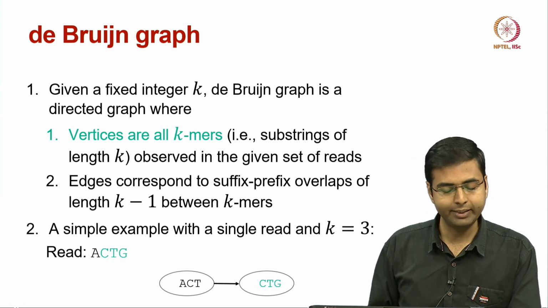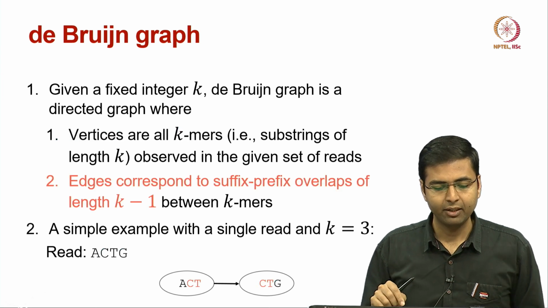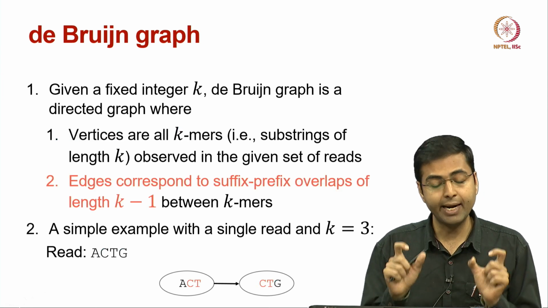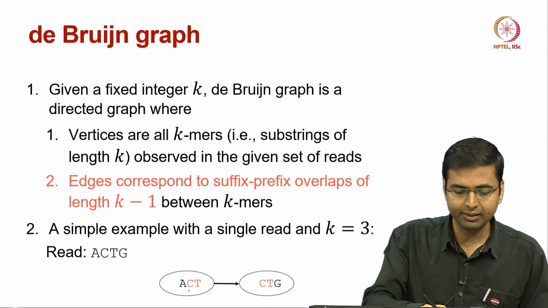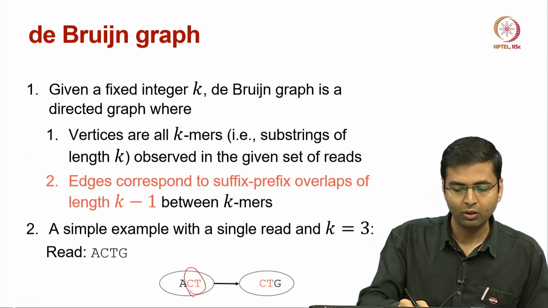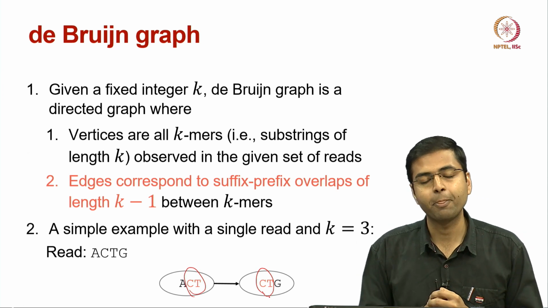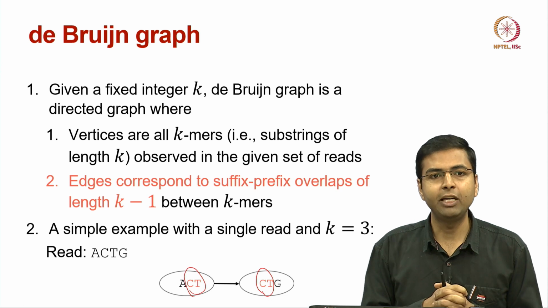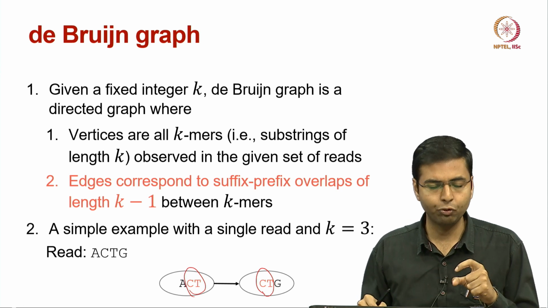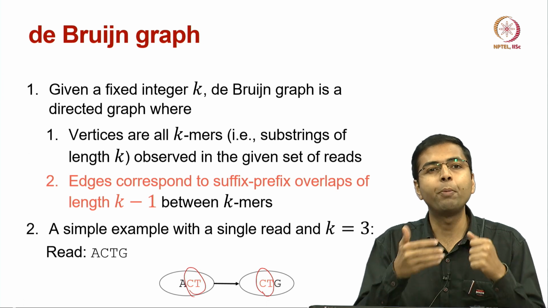So you have only two vertices in this graph for this example, and we will have a directed edge between these two vertices, because there is a suffix of length 2 which matches a prefix of length 2 of the second vertex. I hope the definition is clear, and we will look at a few more examples that will give you an intuition of the properties of the de Bruijn graph.